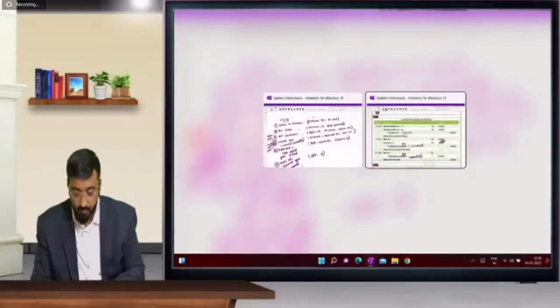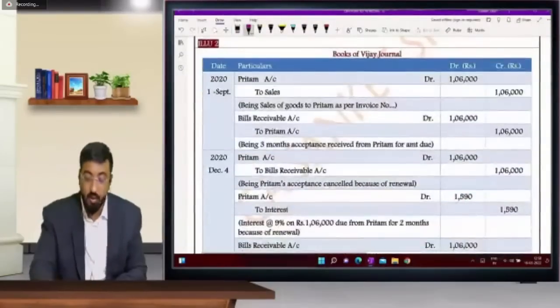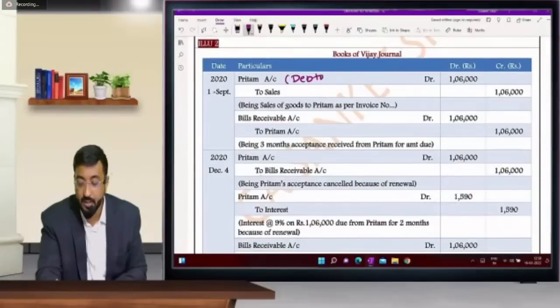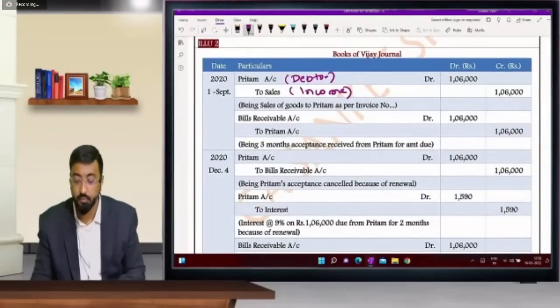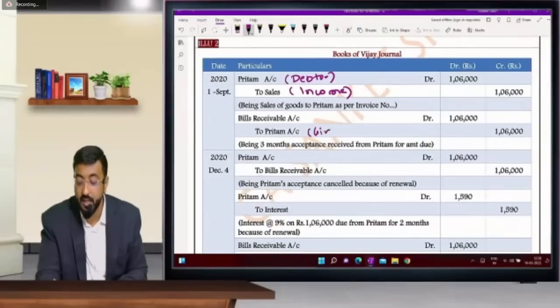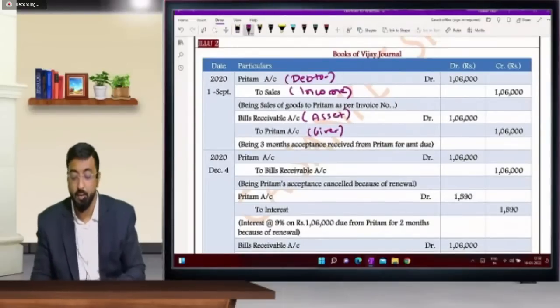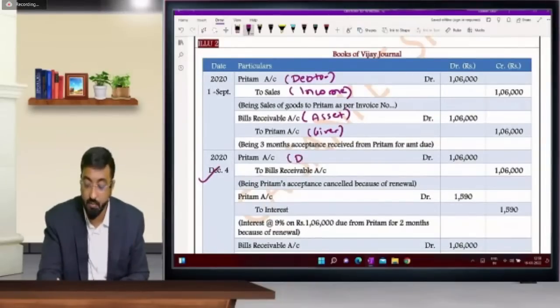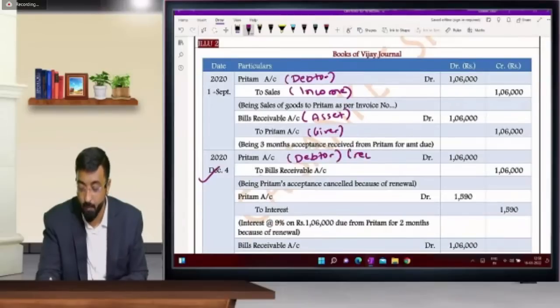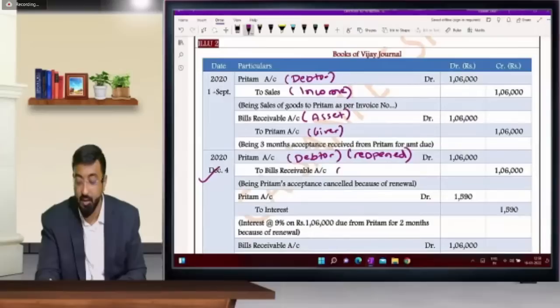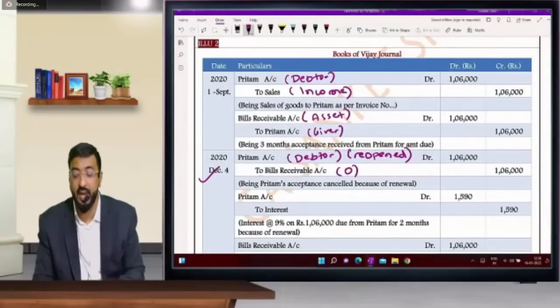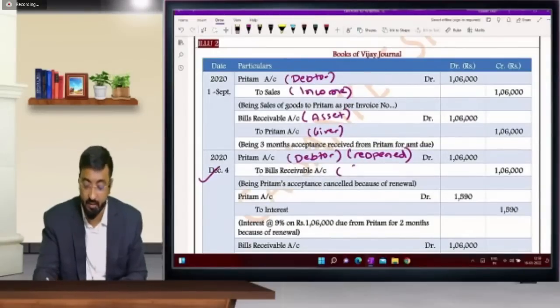Pritam account debit. Pritam is a debtor, to sales. First entry, income. Debtor becomes giver and bills receivable account open, asset. On the due date, maturity date, Pritam account reopens because this is a dishonor entry, and bills receivable balance 0, asset cancelled.